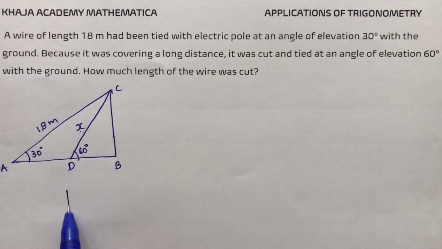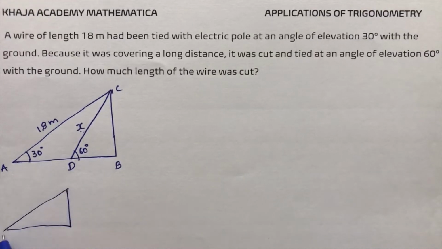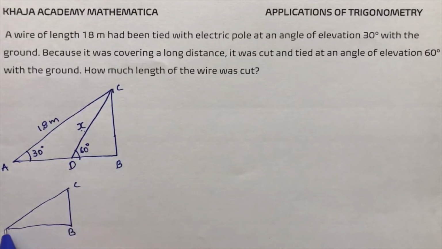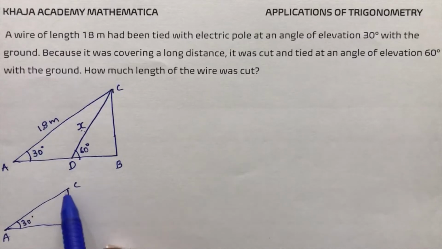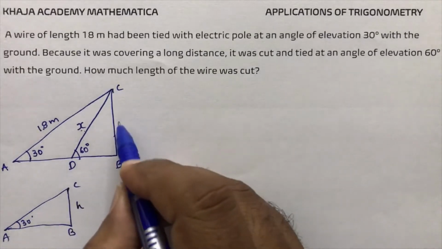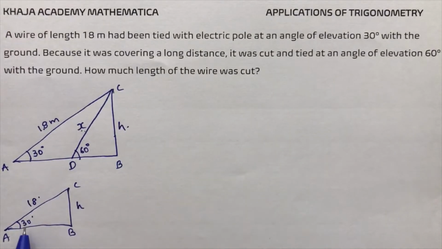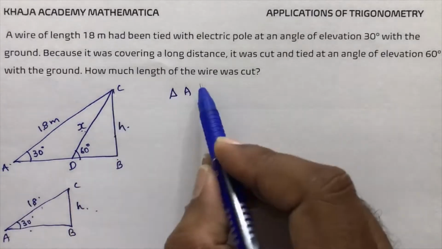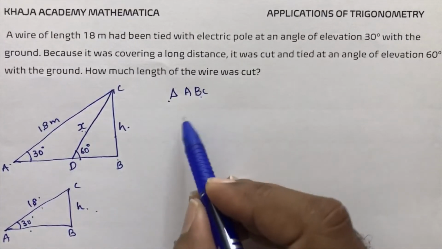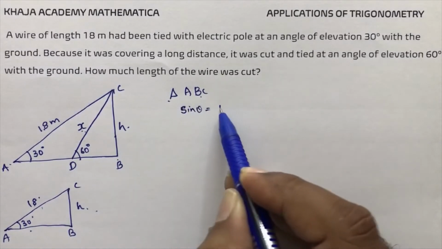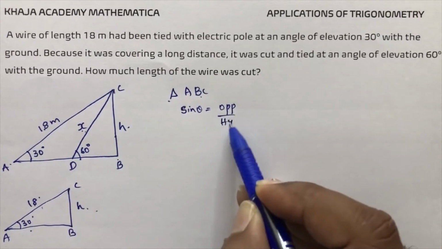I'll draw one more. Take A, B, C, the big triangle. Here the angle is 30. First find this BC, the height of the pole, which I'll consider as H. The hypotenuse is 18. Now see, theta, opposite, hypotenuse, so sine theta, in triangle ABC. Sine theta is opposite by hypotenuse.